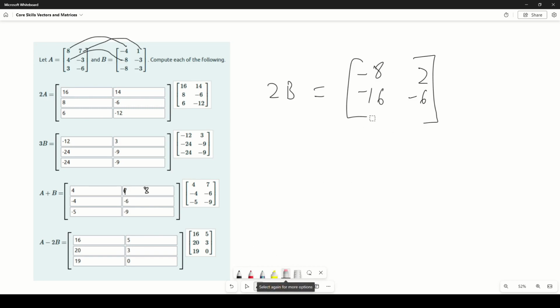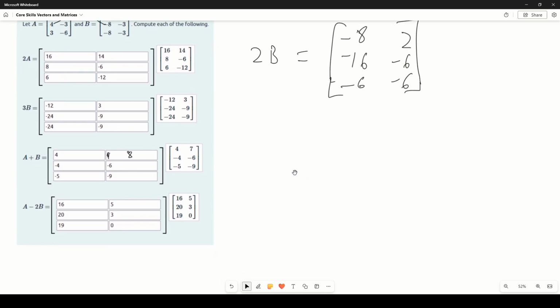I didn't make this big enough. Another -16 and another -6. And now we're going to do A minus this. And with lots of negative signs, I'm just going to rewrite this again, just to make sure I don't get it wrong.